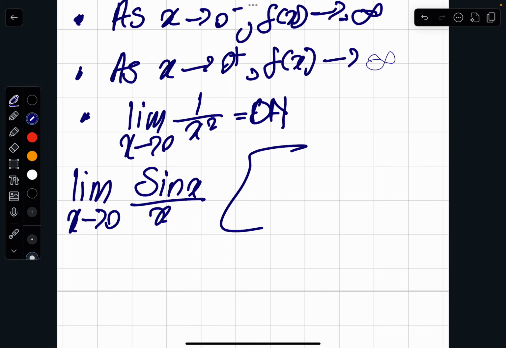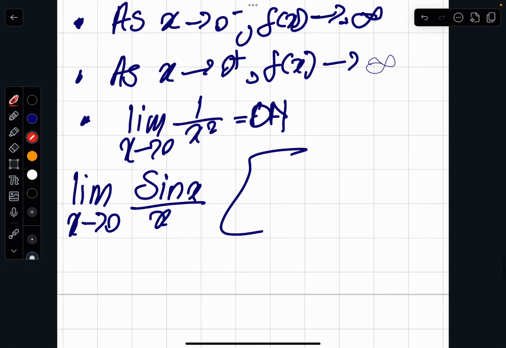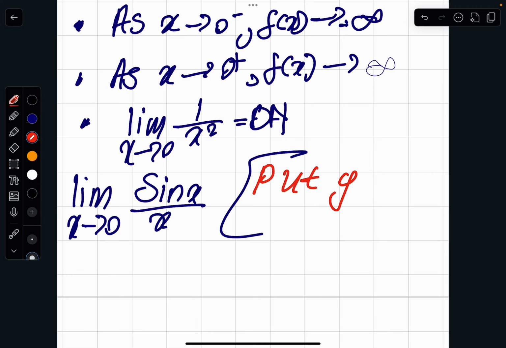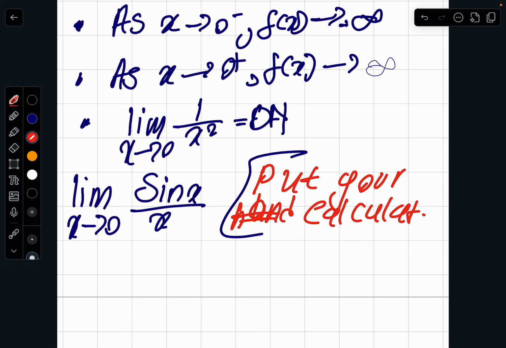The first thing to do here is to put your calculator, not your hand, your calculator in radian mode.